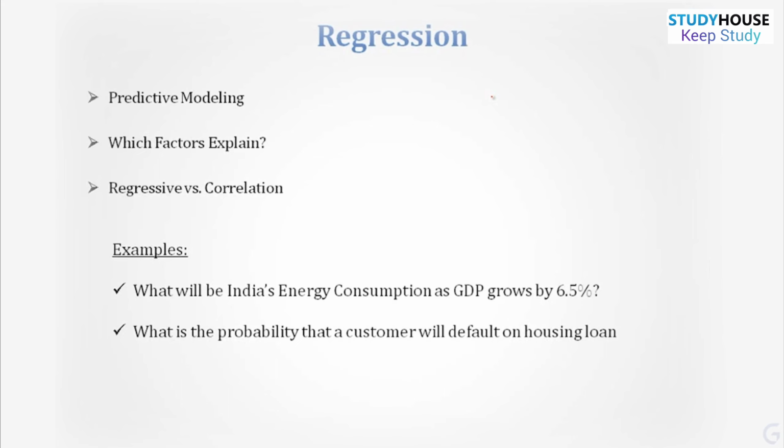The customer's income has gone down, or it is possible that he has a sudden liquidity shock, he needs some more money which he doesn't have right now, or his health has broken down, or there could be various other factors because of which a customer is unable to pay on the housing loan commitment. So therefore, we may be interested in what is the probability that a customer will default on housing loans. We will try and see how one does such kind of predictive modeling.